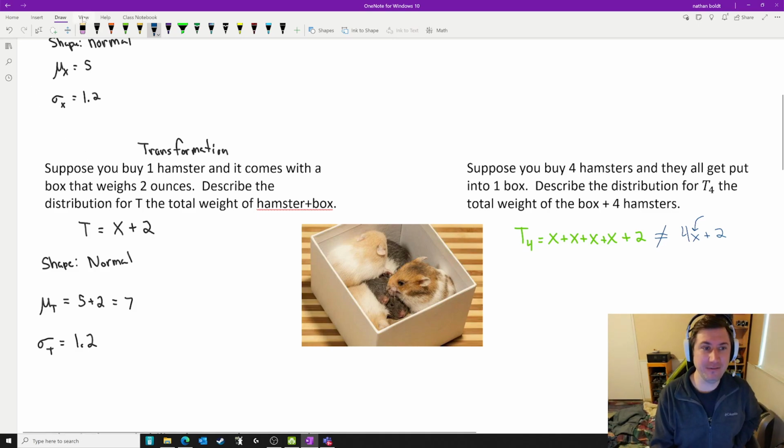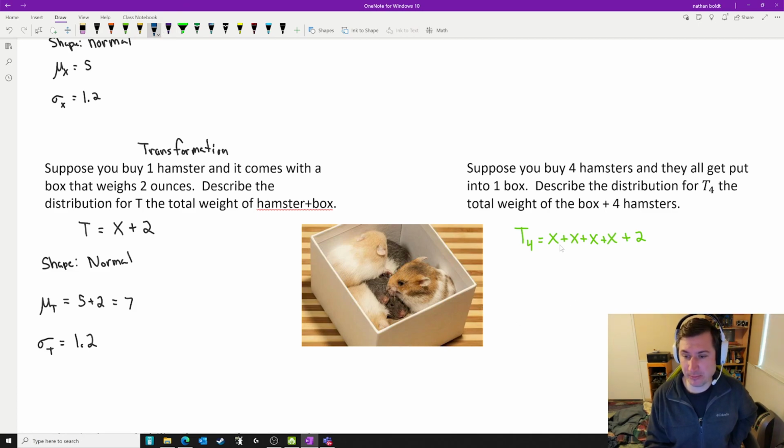I am taking 4 different hamsters. And so technically these x's are not all the same. So sometimes you will see someone put a 1 under that one, a 2 under that one, a 3, and a 4, because the first hamster could be heavy. The second hamster could be light. The third hamster could be middle-ish. And the fourth hamster could be something else entirely.